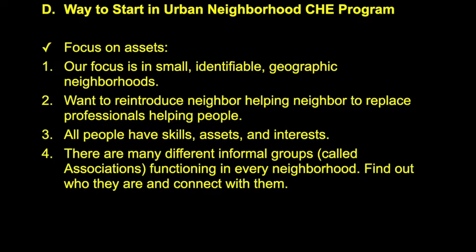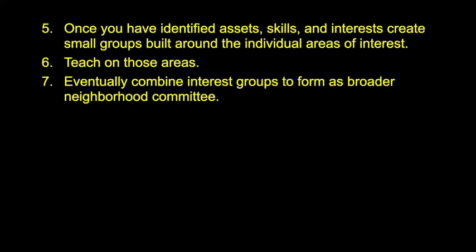Find out who they are and connect with them. Once you have identified and assessed skills and interests, create small groups built around the individual areas of interest and teach on those areas. Eventually combine interest groups to form a neighborhood committee.